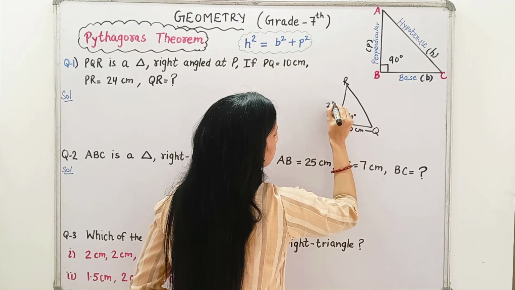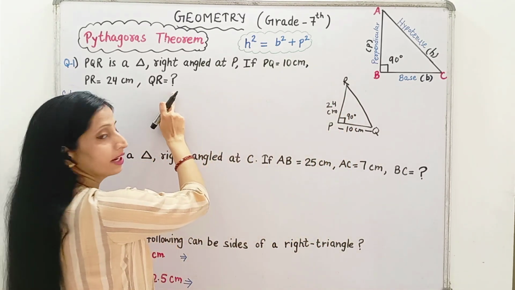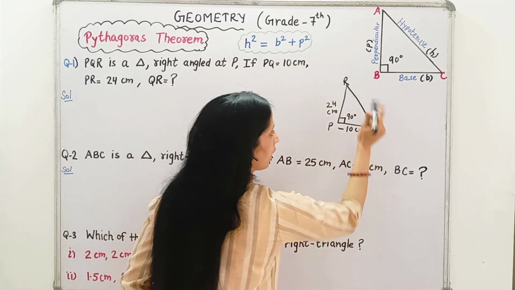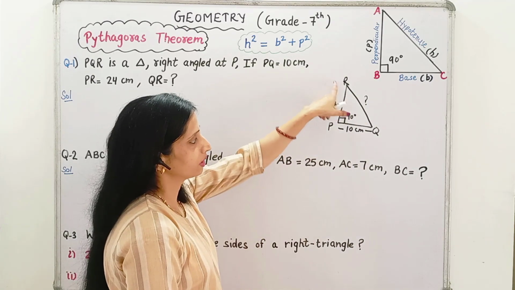So this is 24 centimeter, and we have to find out QR, the length of this hypotenuse. Okay, so it is very simple.